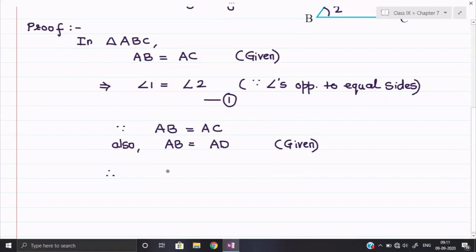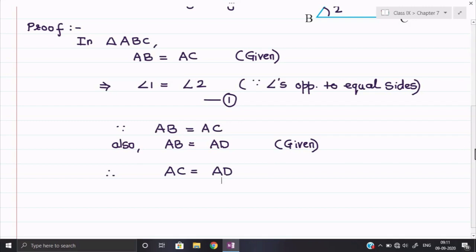So AC and AD are equal over here, right? AC and AD are equal. Remember, if in any two equations the left hand side or right hand side is equal, then the remaining side will also be equal.